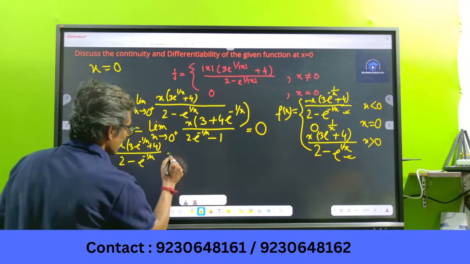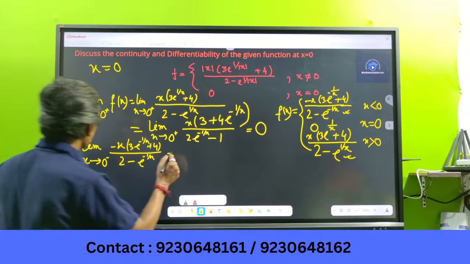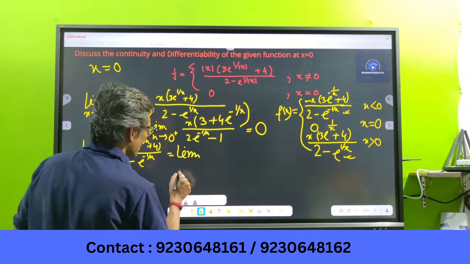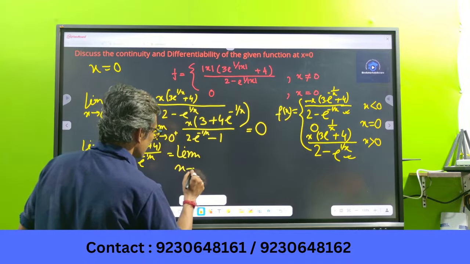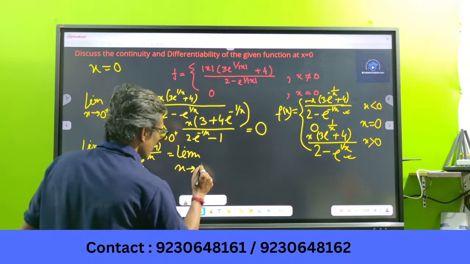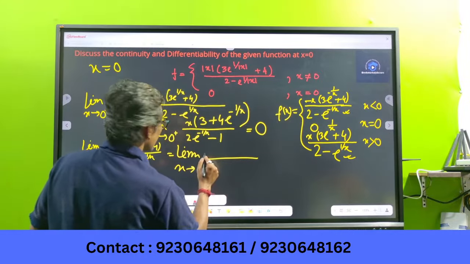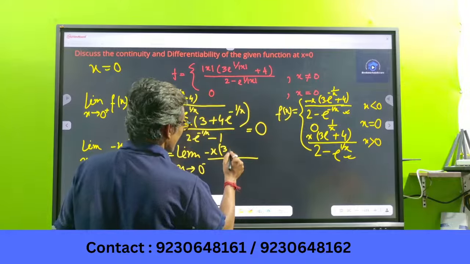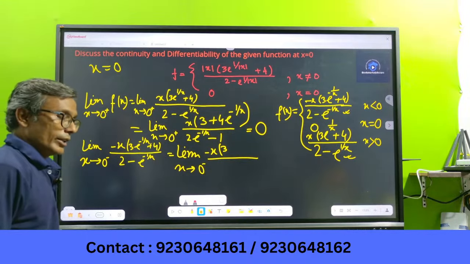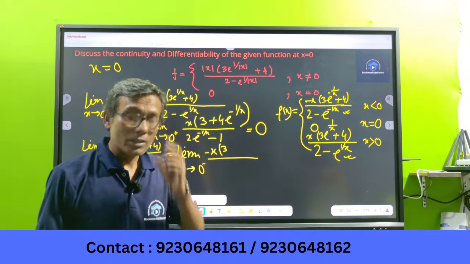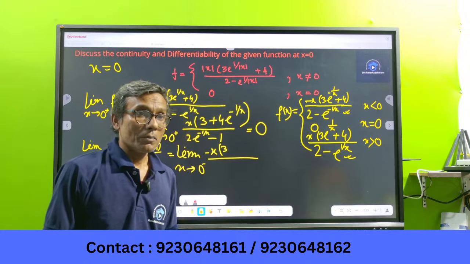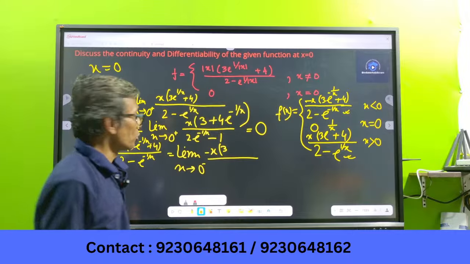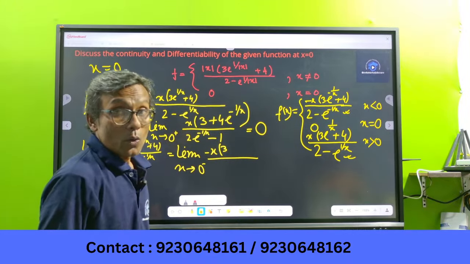Same way as what we have done previously, in that way minus x into 3, in this case e to the power 1 by x should be multiplied by e to the power 1 by x.